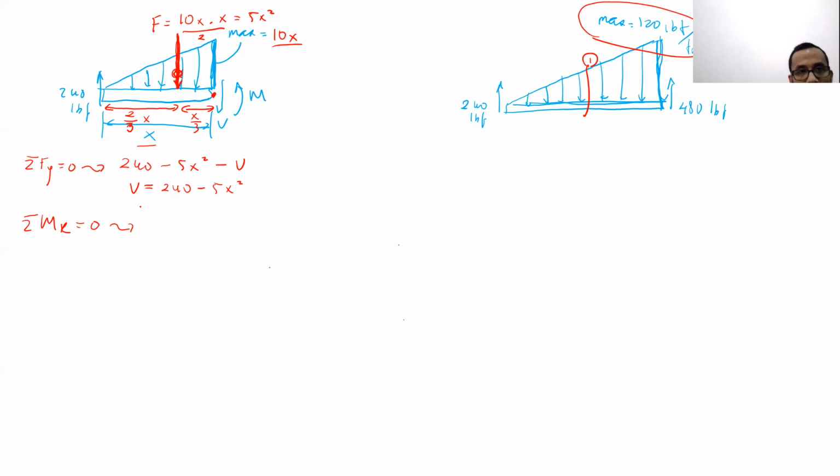So if counterclockwise is positive, 240-pound force minus 240-pound force times x, 240x. What else? Plus 5x squared times x over 3. What else?